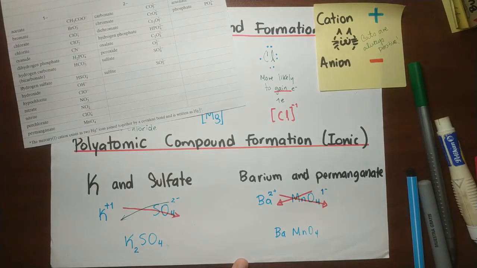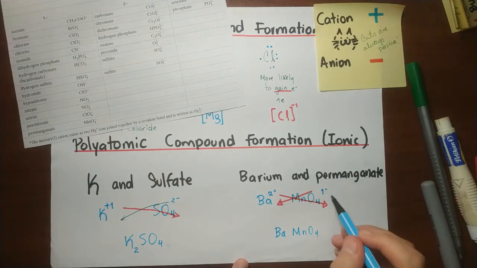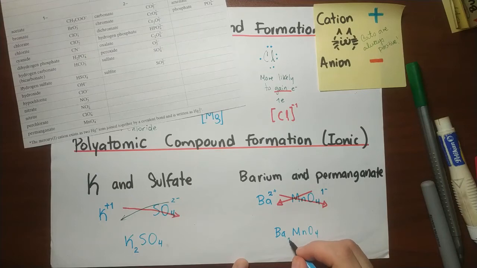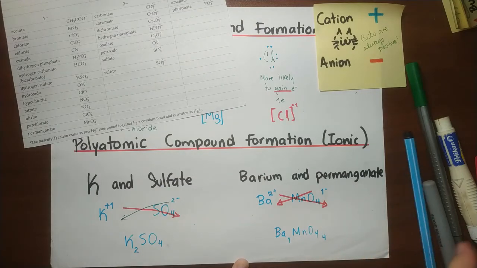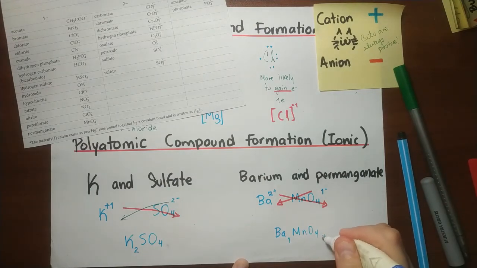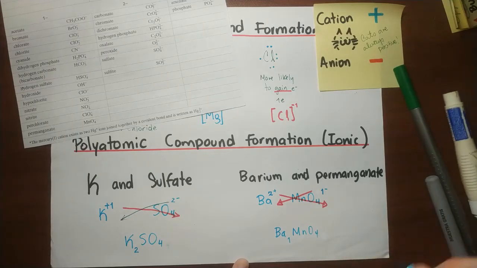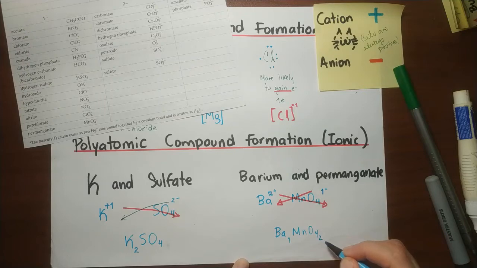Now, this 1 from permanganate is going to be here in barium, okay? And this 2 from barium is going to be here after the 4 of oxygen. Oh, Jesus Lord. It was just 2, not 4. Okay, so this 2 that is coming from barium is going to be there.